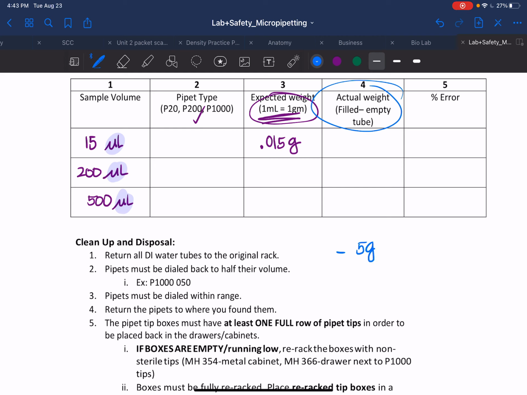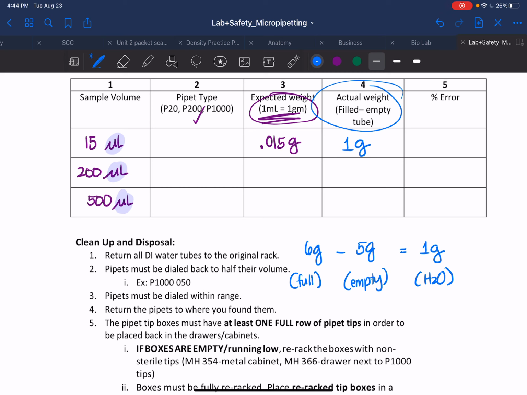That is way too much for a microcentrifuge tube. Let's say your filled tube with the water was 6 grams. So this is empty and this is full, and we're just subtracting. So you would get, in this weird instance, 1 gram, which would then be the water, because we're subtracting the empty weight, which gives us the water. So whatever that number is, you put it here, and the unit is going to be grams.